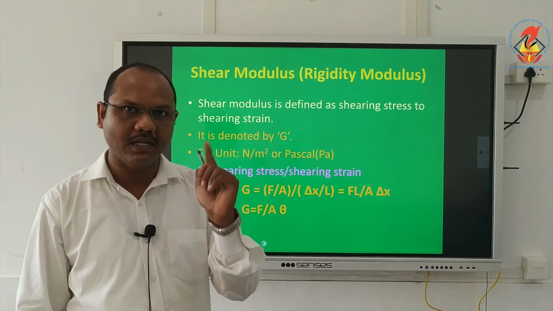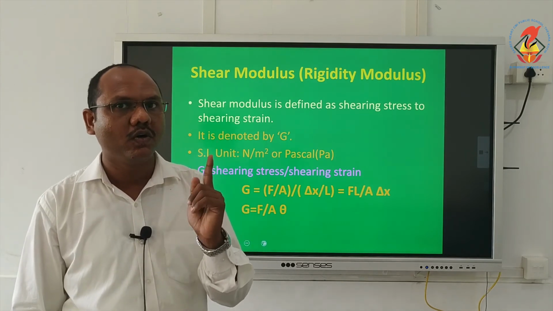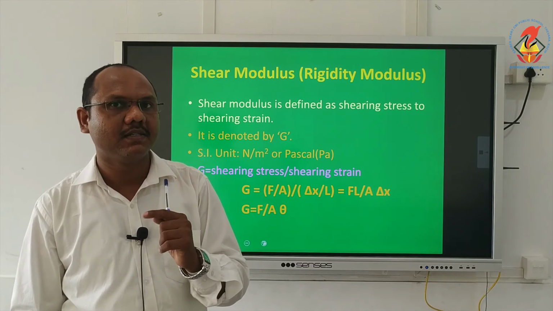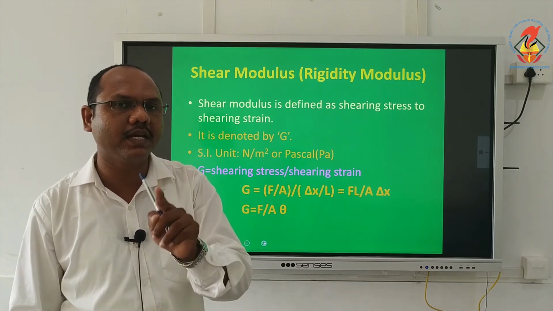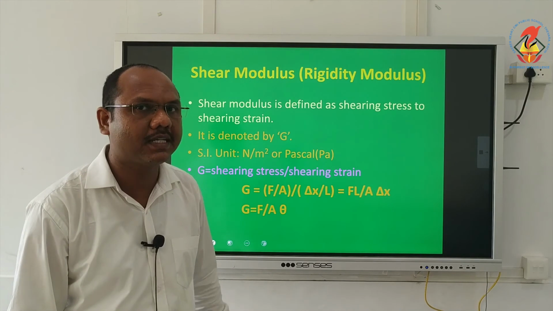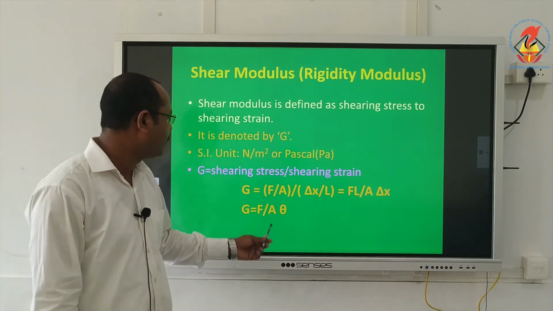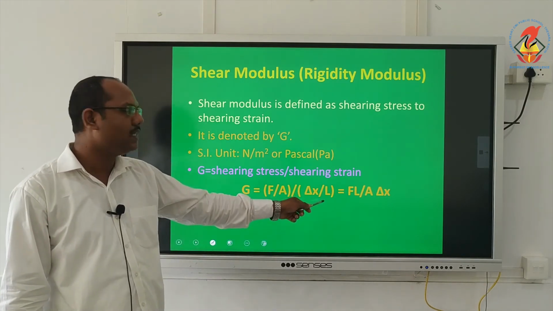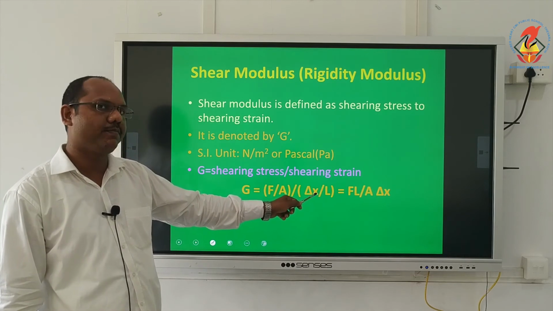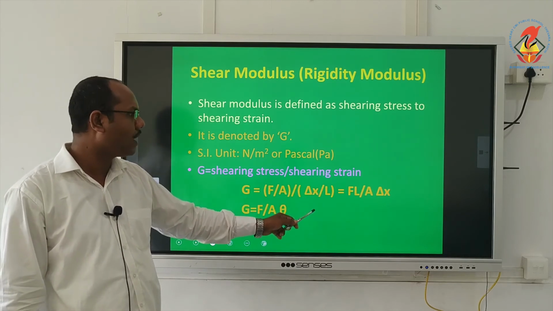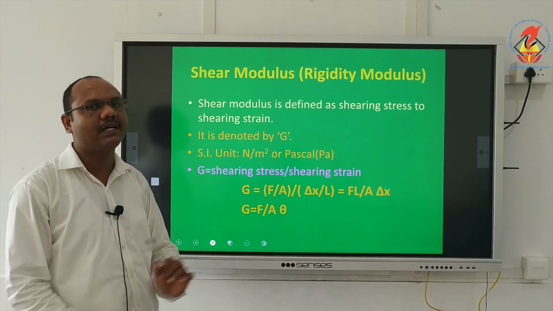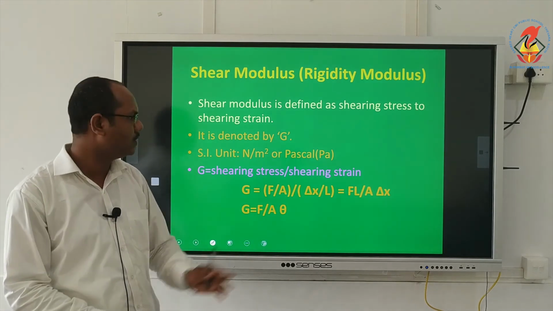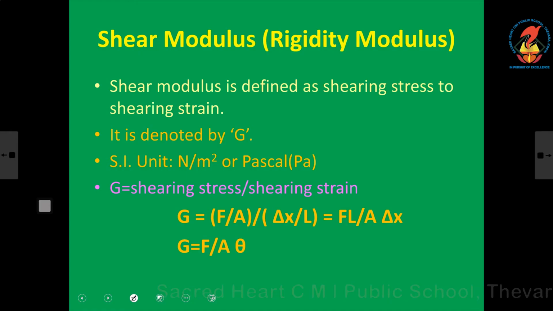You just view the video on strain. There, when I was explaining shearing strain, I told you shearing strain is tan theta, or theta. Therefore, I will write G is F by A theta also. So, this is the equation for the shear modulus.